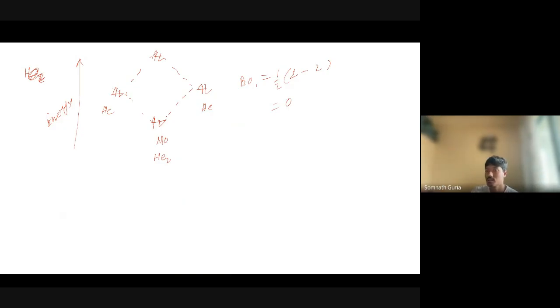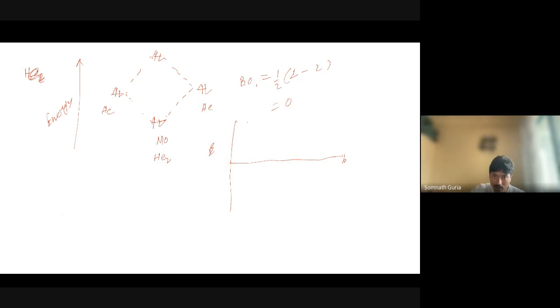And interestingly, if you compare all the four species with respect to the bond distance, this is R and this is the energy. The bonding energy for these four looks like this.